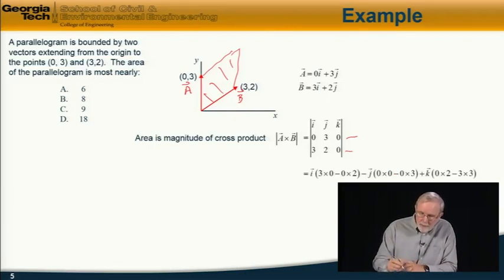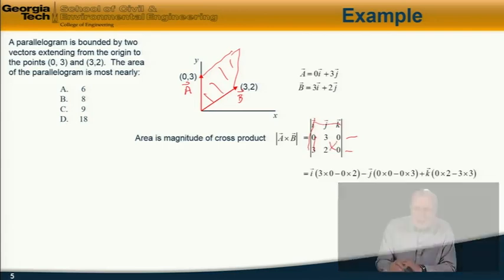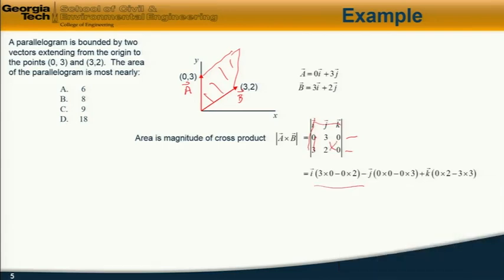So the i component here, cross that out, is 3 times 0 minus 2 times 0, which is indeed 0. The j component is negative, 0 times 0 minus 0 times 3, which is also 0, as we know.